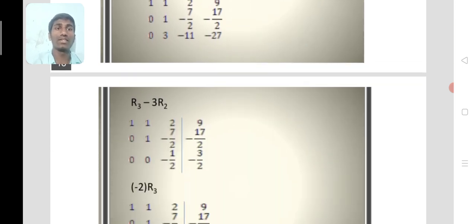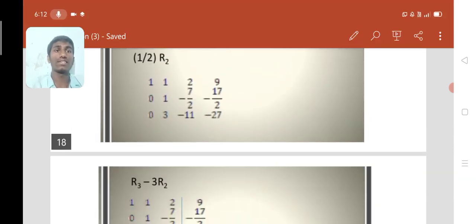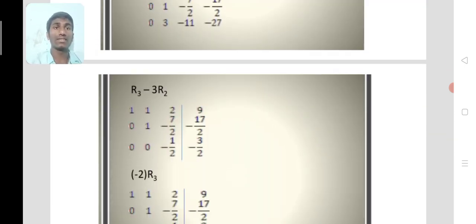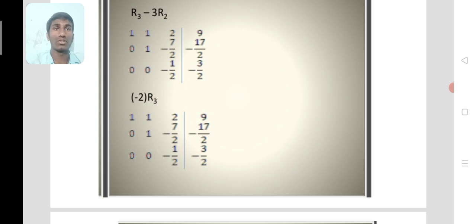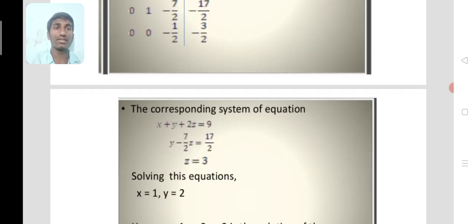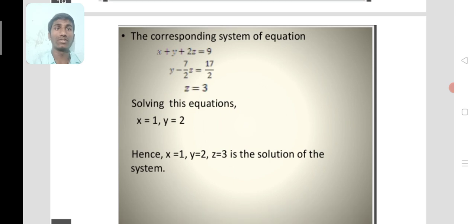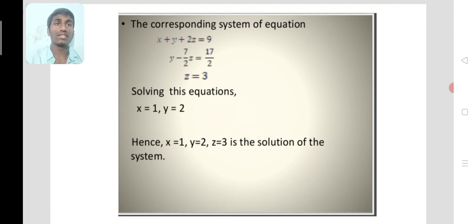By following these steps, R3 minus 3R2 and then minus 2 into R3, we get the corresponding system of equations as x plus y plus 2z equal to 9, y minus 7 by 2 z equal to minus 17 by 2, and z equal to 3. By solving these three equations we get x, y and z.